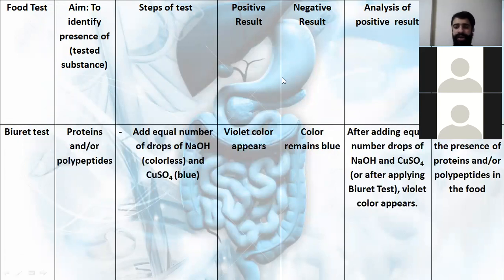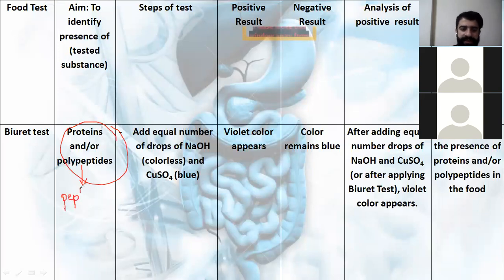The third test was the Biuret test. The Biuret test is done to identify the presence of proteins and/or polypeptides, or if you think polypeptides is hard, you can say peptides. It's the same idea. What you have to do is add equal drops of sodium hydroxide, NaOH, and copper sulfate, CuSO4. The positive result: a violet color appears.